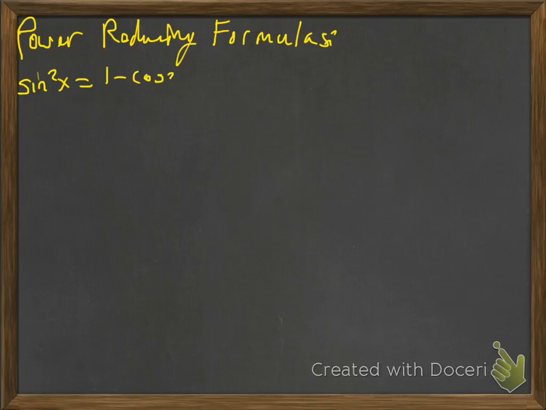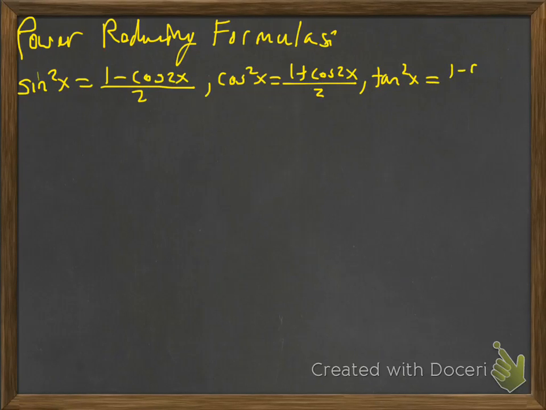So sine squared is equal to 1 minus cosine 2x over 2. Cosine squared is going to be equal to 1 plus cosine of 2x over 2. And then the tangent squared of x is going to be 1 minus cosine x over 1 plus cosine x.